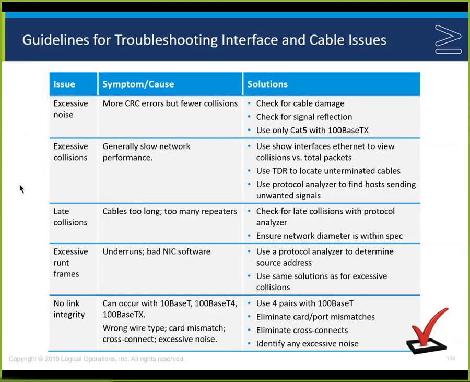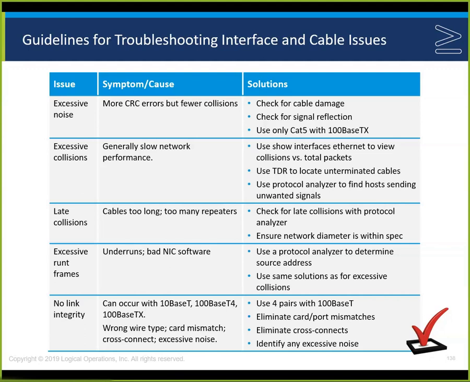Excessive noise, more CRC, cyclical redundancy check errors, for these things: cable damage, signal reflection, which we should not have in a twisted pair, only if we were using coax and we didn't have the terminators on it. Excessive collisions, generally a slow network performance.